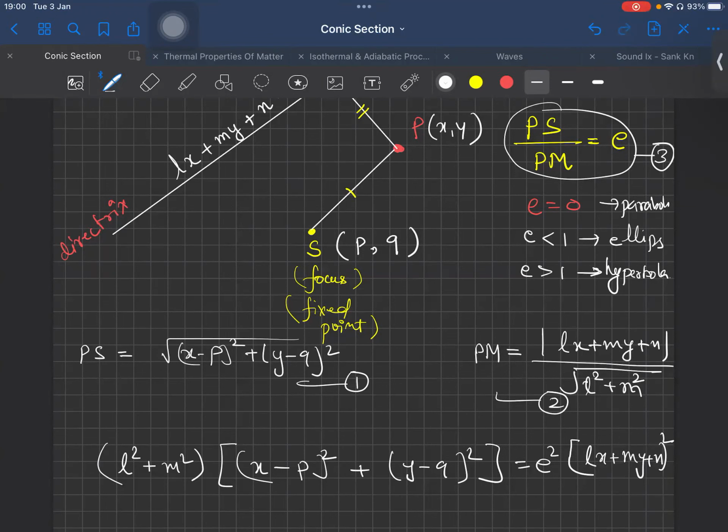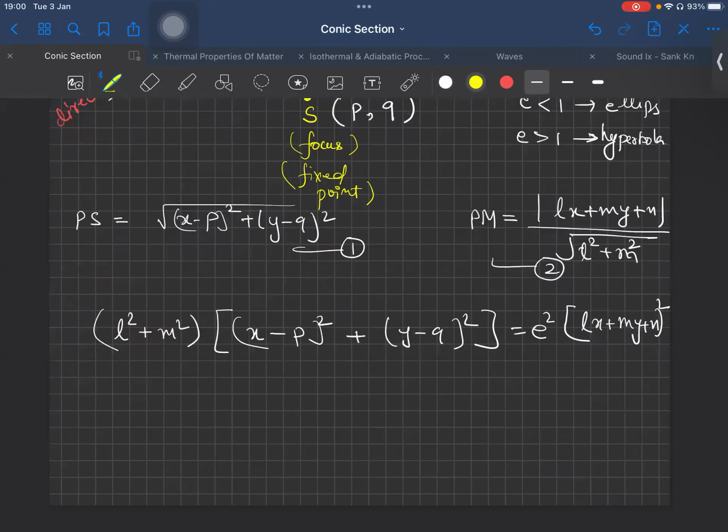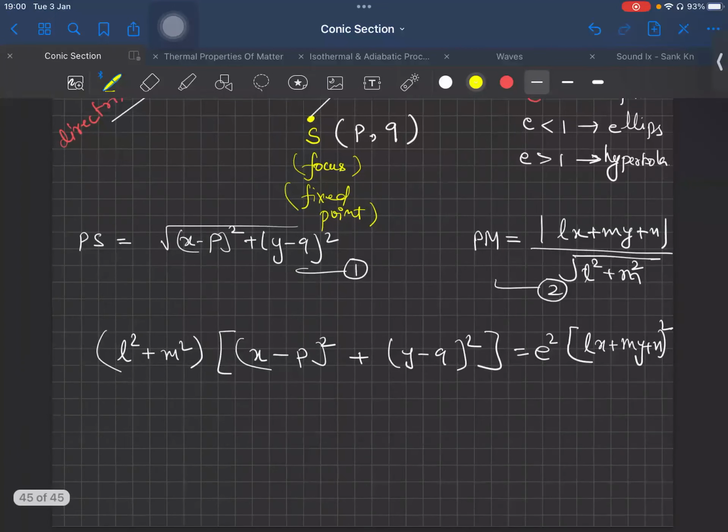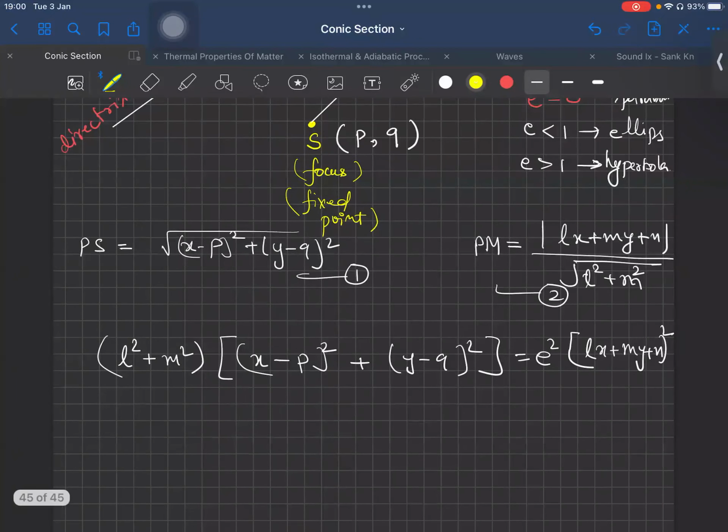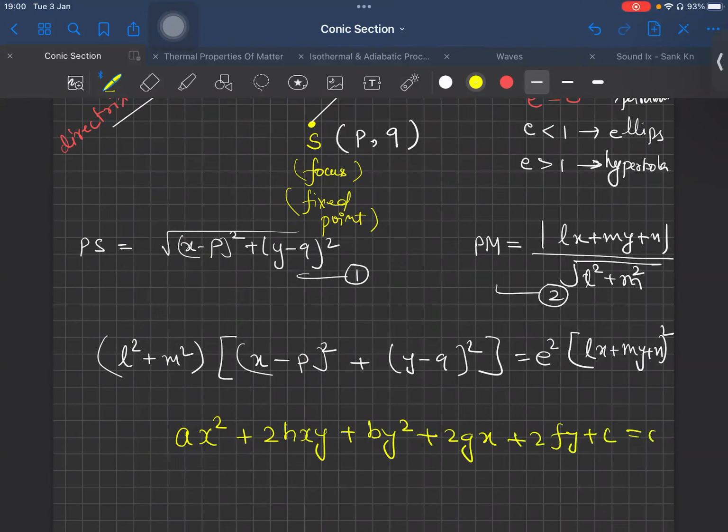If you solve further, this can be written in the form of a quadratic equation with some constants. Let's say the coefficient of x square is a, so you can write ax square plus 2hxy plus by square plus 2gx plus 2fy plus c is equal to 0. So this is called the general equation of any conic section.